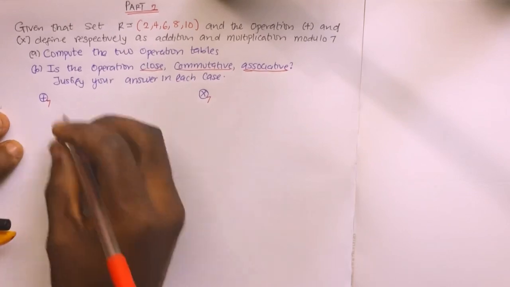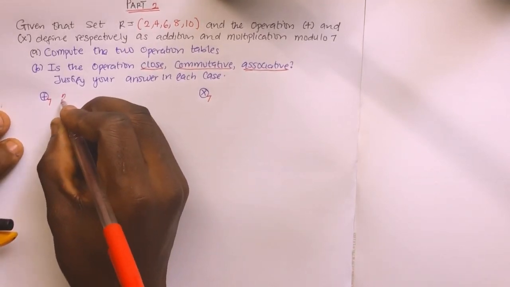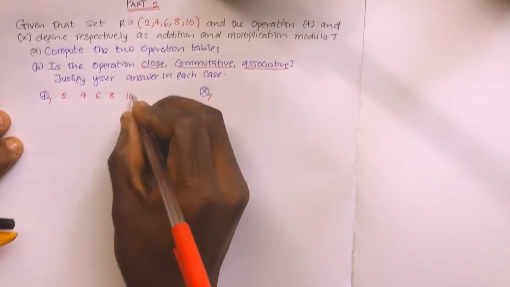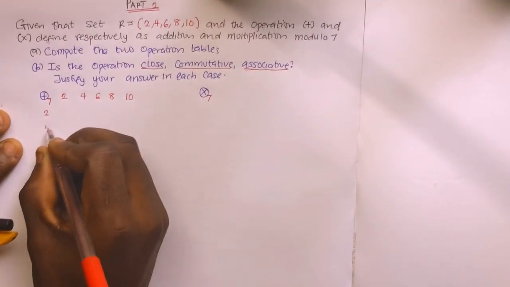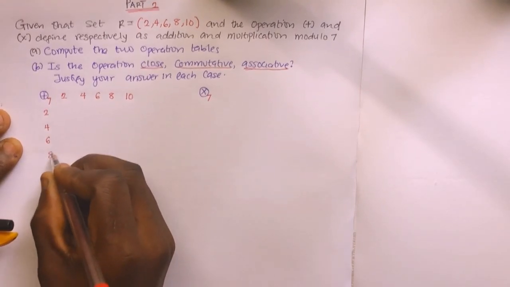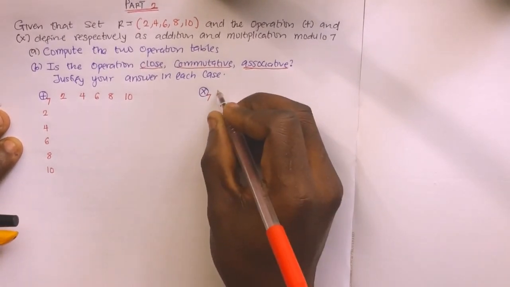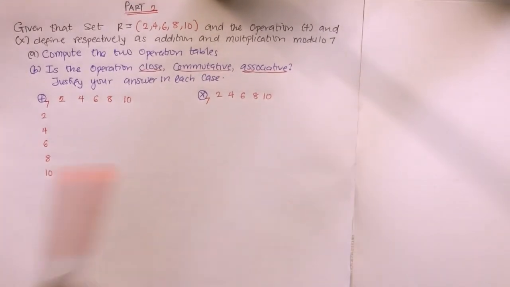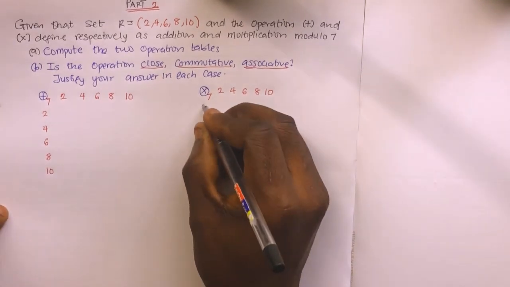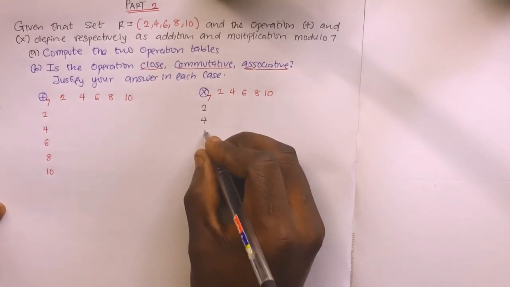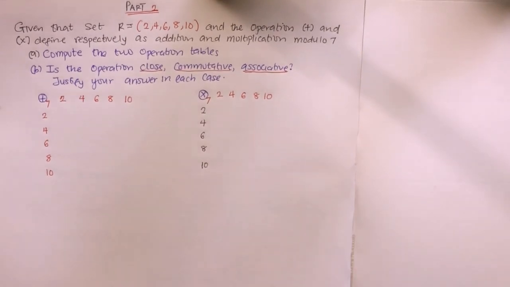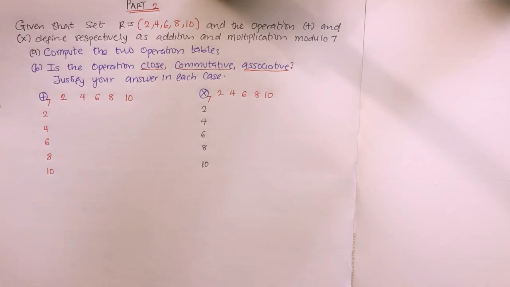The elements that we have are 2, 4, 6, 8, and 10, on this side and also across the top. So that's just it. Let's move on and compute the table.